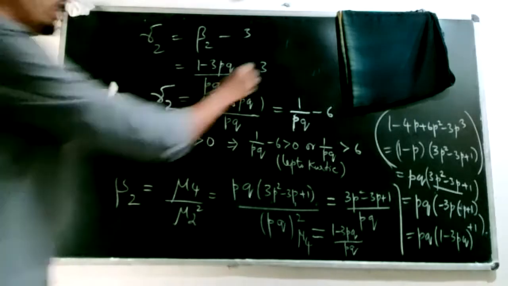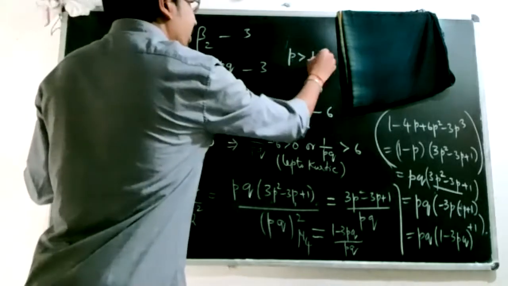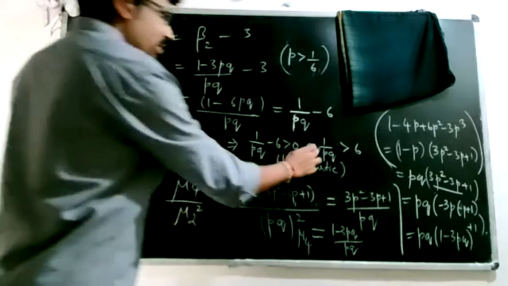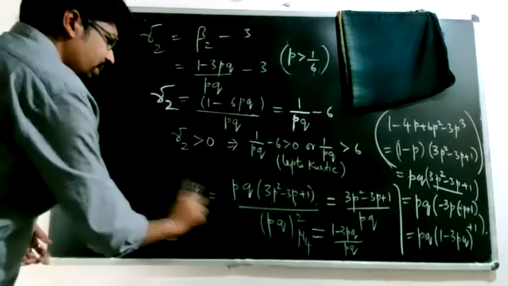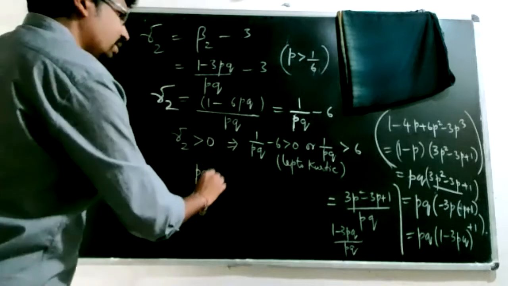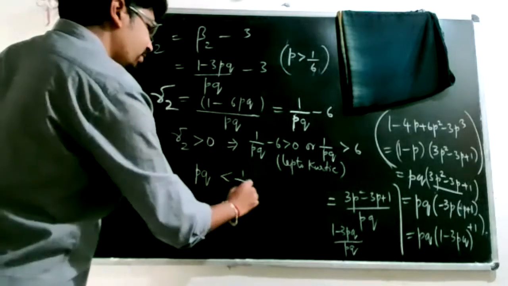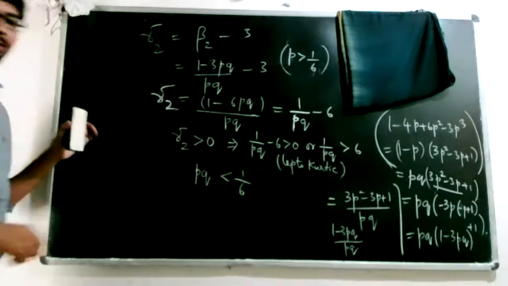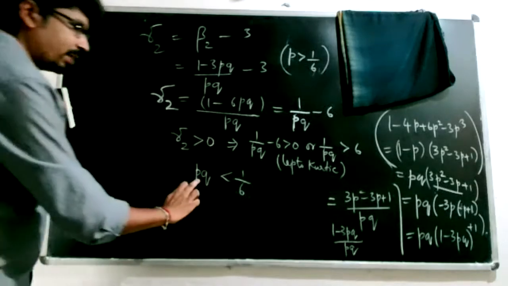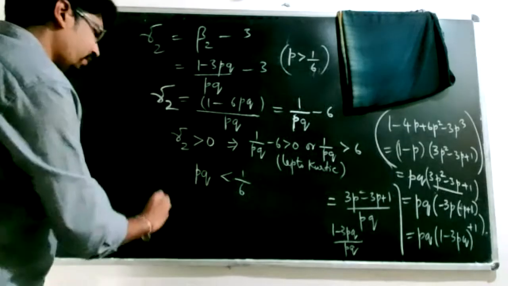So this 1 by PQ greater than 6 implies that PQ is less than 1 by 6. So it is leptokurtic when PQ is less than 1 by 6. Replace that by PQ less than 1 by 6.